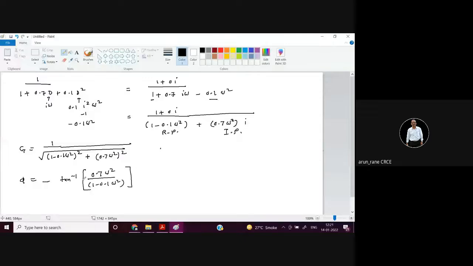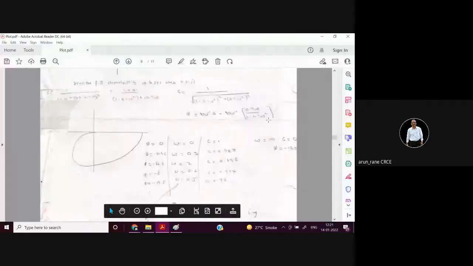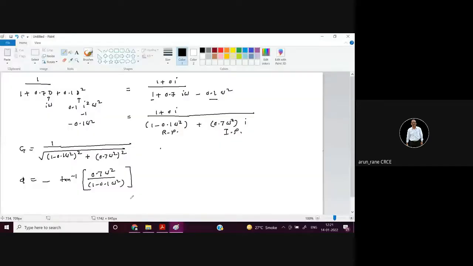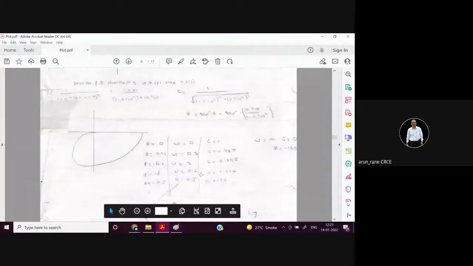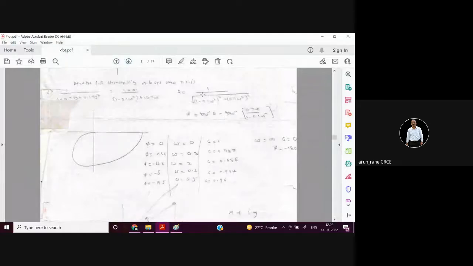So this is my phi. This is 0.7 omega and 1 minus 0.1 omega square. Okay. Now you go on writing the values. Now phi is equal to 0.